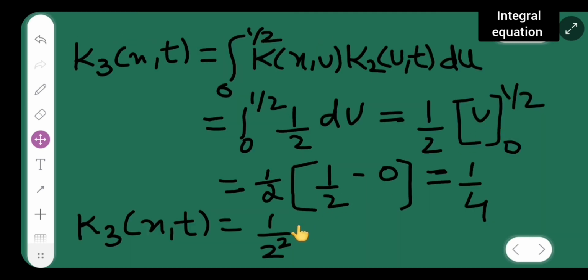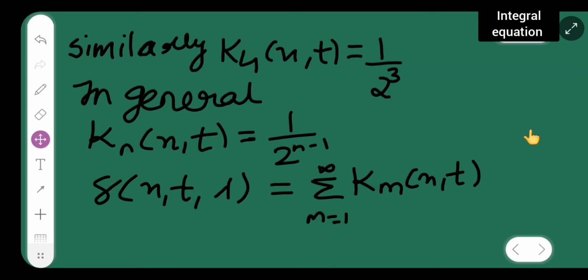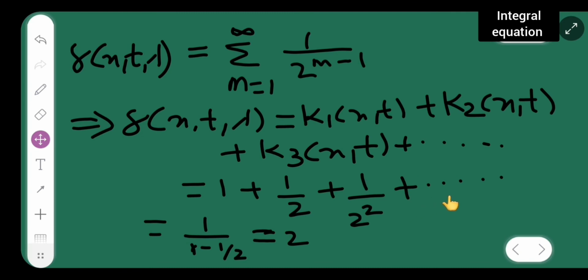Here it is. Okay, plus and so on. Okay, and now this is equal to what? 1 upon 1 minus half, which is equal to nothing but 2. So you all got the resolvent kernel as 2.